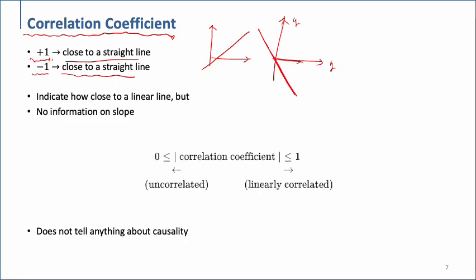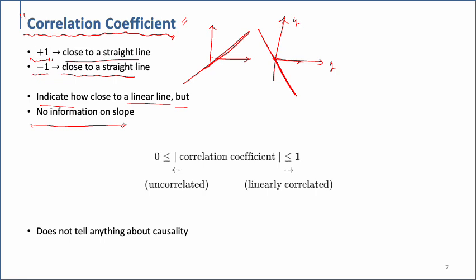So if the correlation coefficient is +1 or -1, the correlation is close to a straight line like this. The value of the correlation coefficient just indicates how close to a linear line the data is, but it does not indicate the slope or how they are related.